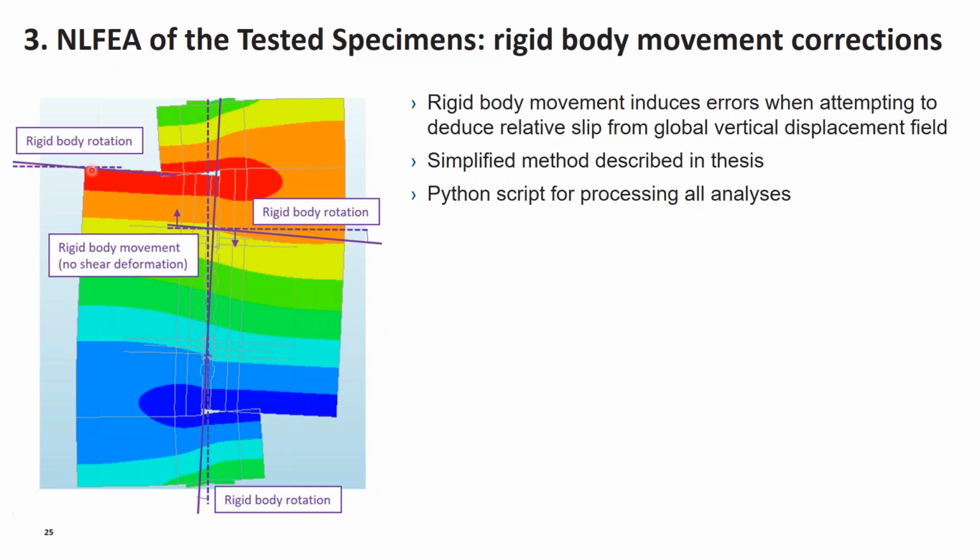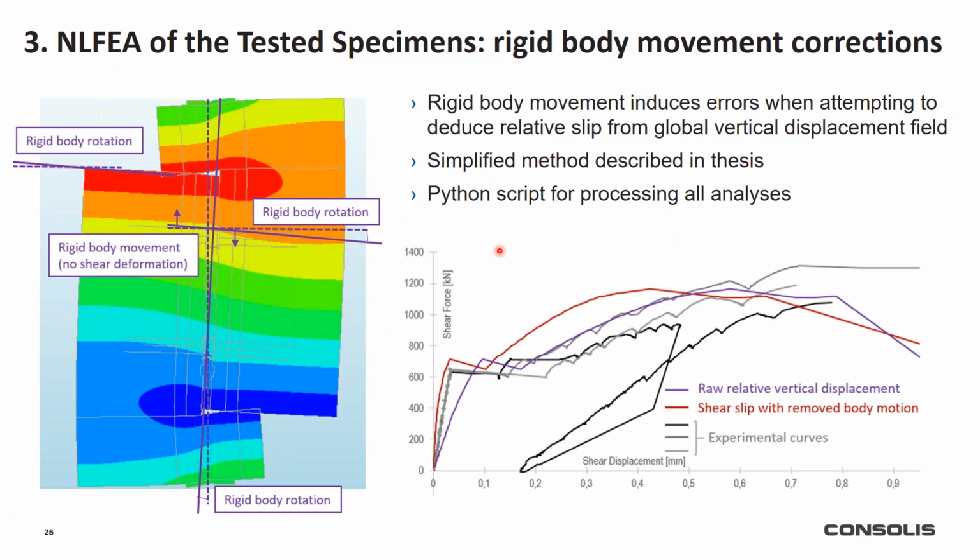So the rigid body rotation was calculated with a simple method that is described through the thesis, and all the analysis were post-processed with a Python code.